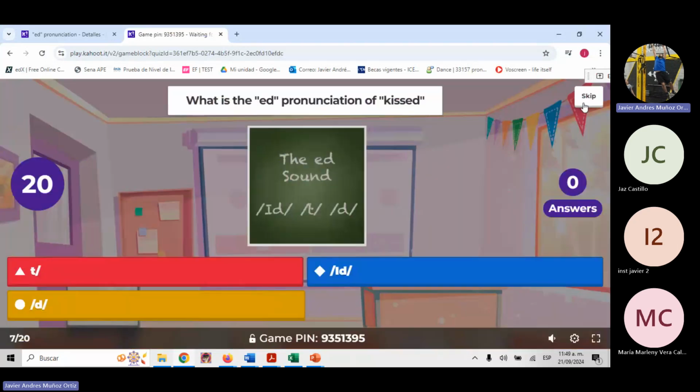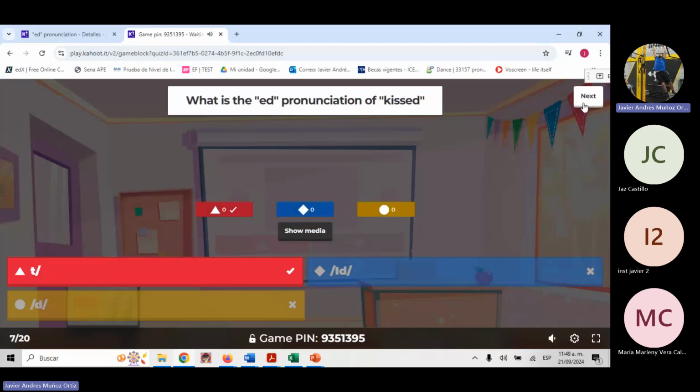Kiss, kiss. No hay vibración. Como no hay vibración, vamos a decir que el pasado es kissed.